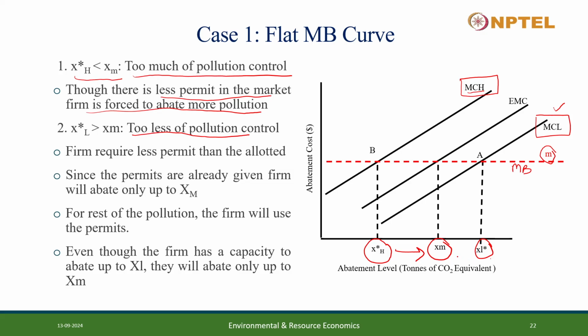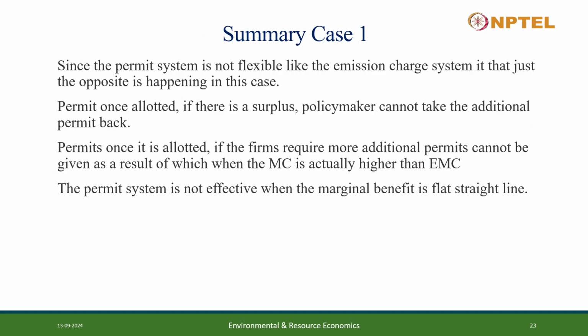Why? Because the firm can abate till XL, however the abatement is done till XM. So in both the cases the ineffectiveness is seen. So we can say that the permit system is not effective when the marginal benefit is flat straight line.